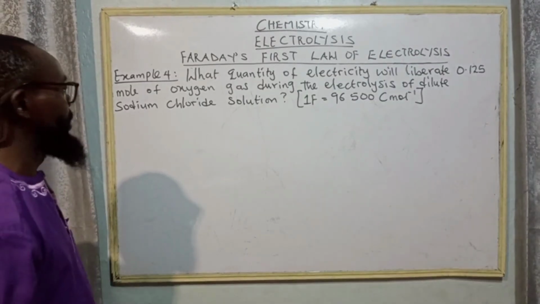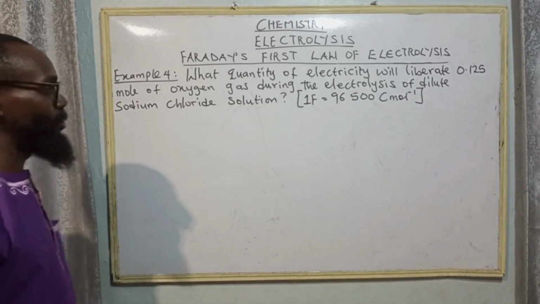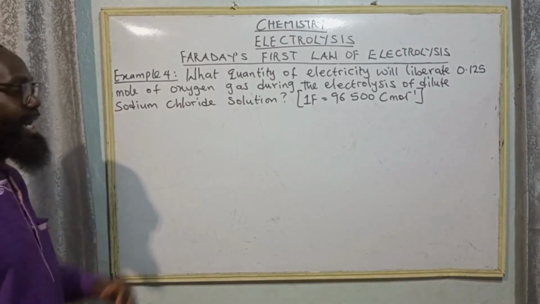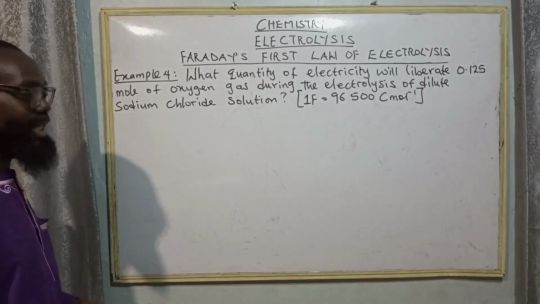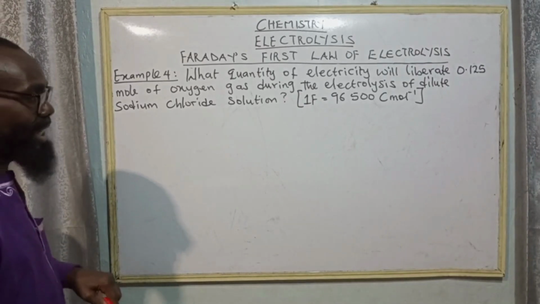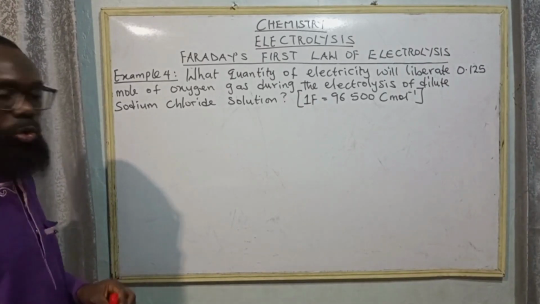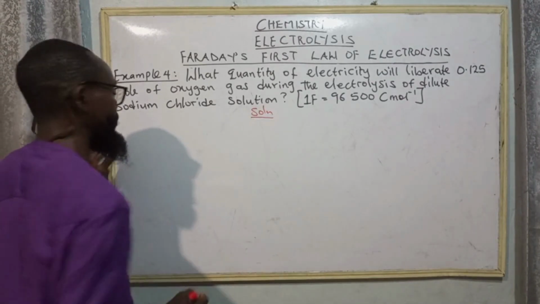Example 4. What quantity of electricity will liberate 0.125 mole of oxygen gas during the electrolysis of dilute sodium chloride solution? Given that 1 Faraday equals 96500 coulomb per mole, don't forget we are dealing with oxygen.